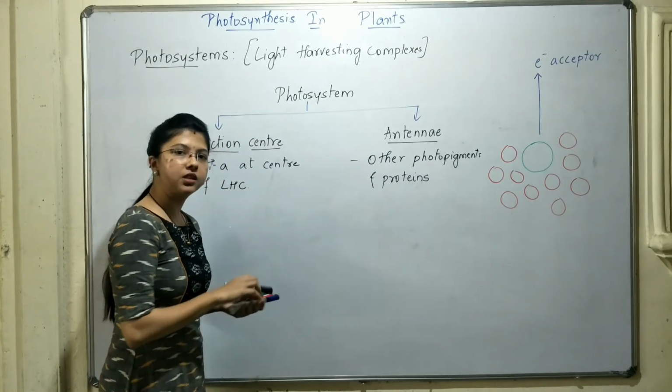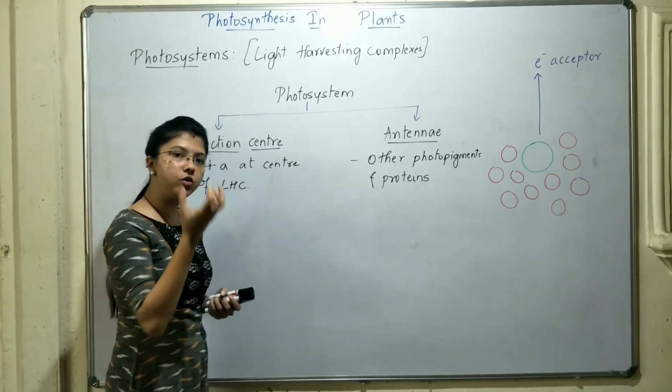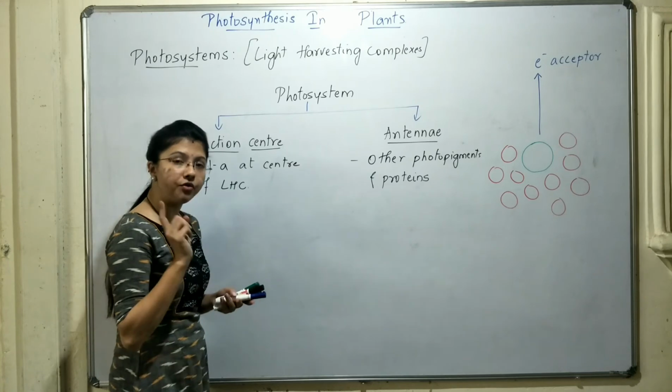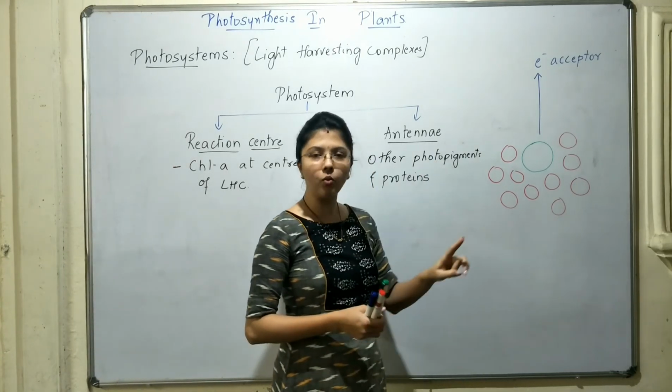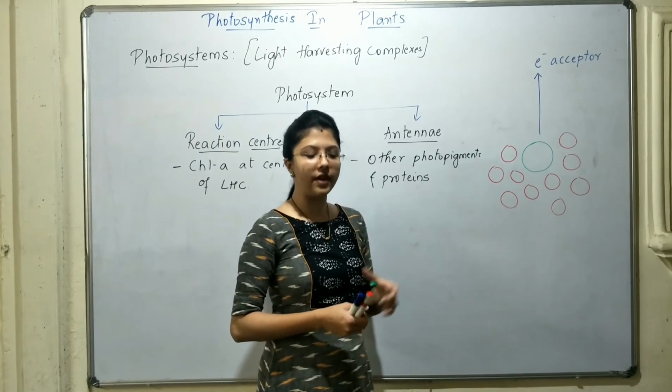Now, we just studied that chlorophyll A will be involved in trapping light of a specific wavelength, whereas all the other photopigments will be involved in absorbing other wavelengths of light.